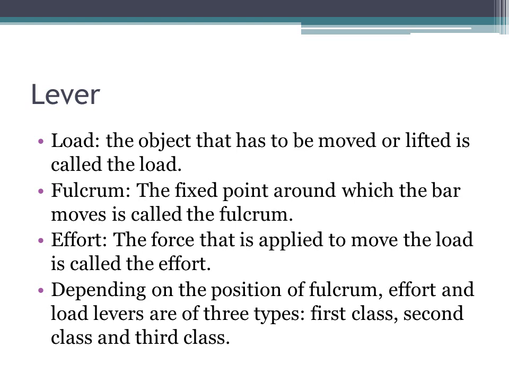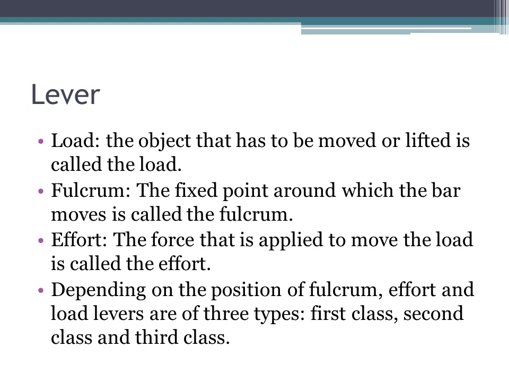So what are the 3 parts of the lever? First one is load, second one fulcrum, third one effort. The first, load. What is the load? The object that has to be moved or lifted is called a load.